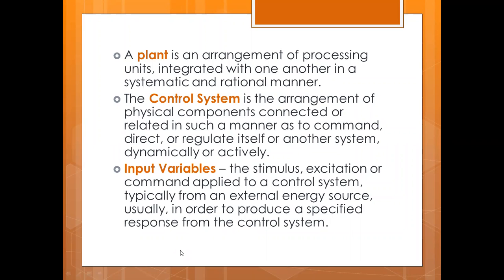So the control system is the arrangement of the physical components connected or related in such a manner as to command, direct, or regulate itself or another system dynamically or actively. So it may not only be able to regulate another system, but even itself. So it's a continuous active process of regulation. So that's your control system that does that.